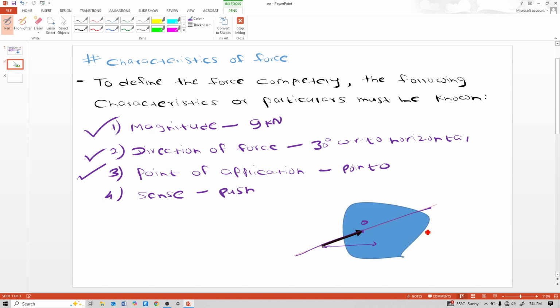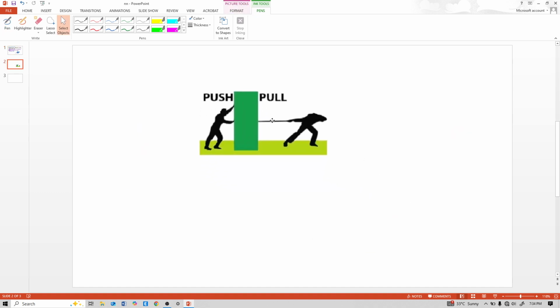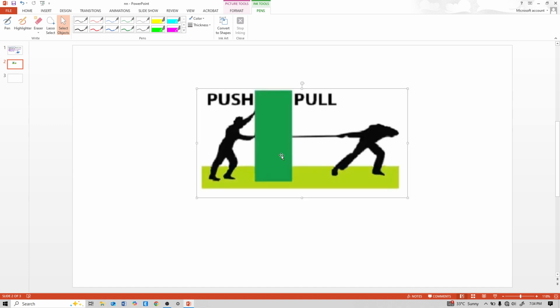Understand this push and pull with the help of this diagram. See, this is a body and this one person is pushing the body. So this force is towards the body, that means the nature of this force is push, and this other person is pulling the body.